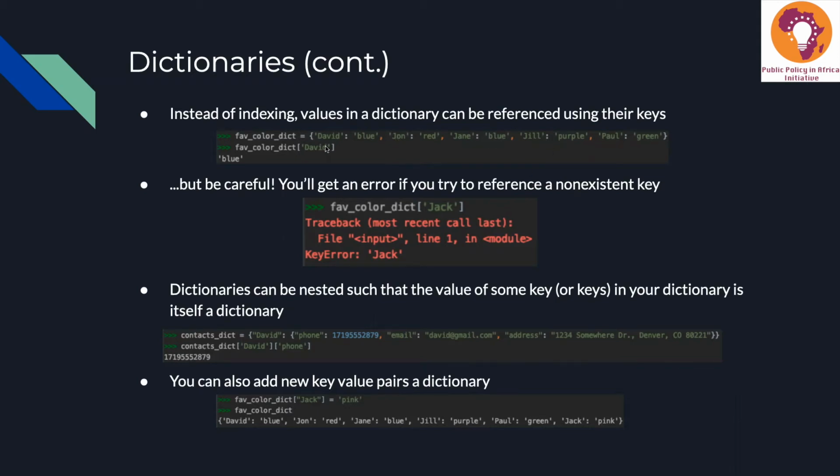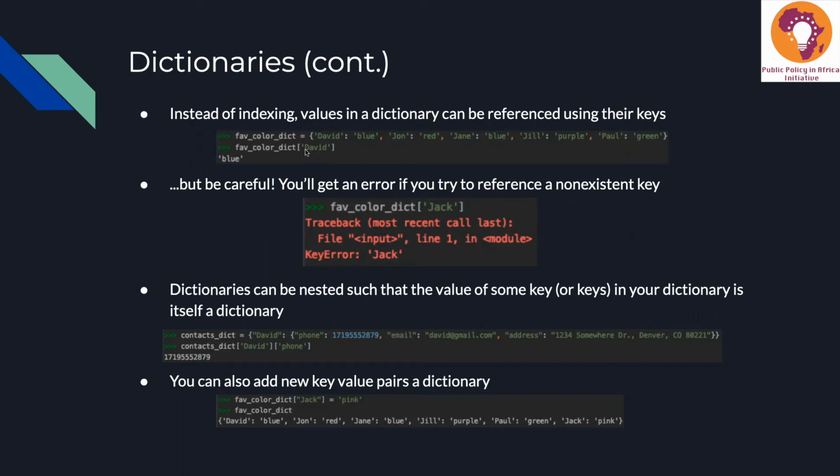This is storing a list of favorite colors. If I want to know David's favorite color, I call the favorite color dict and use the square brackets again, like we did with the array for indexing, but instead of using an index value, because dictionaries are not ordered, I would pass the key that I want to get the value for.